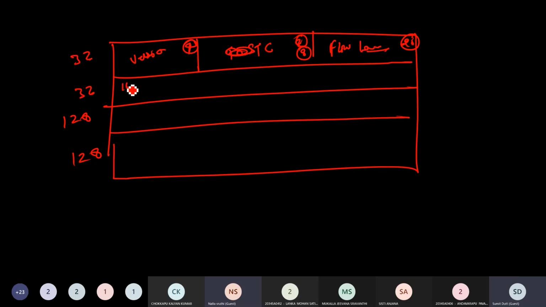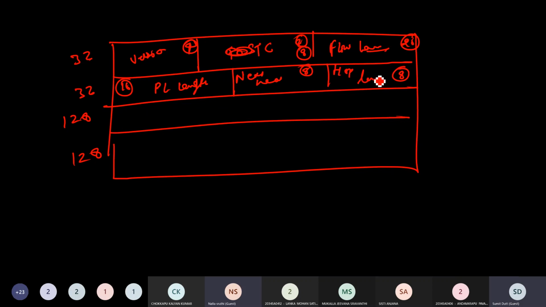Okay, here 16 bits is for payload length, the size of the PDU, right? And then 8-bit is for next header, and the remaining 8-bit talks about the hop limit.